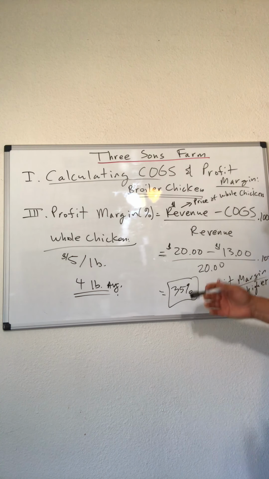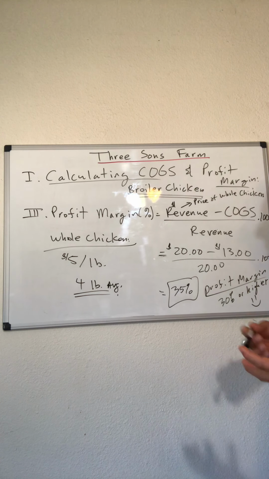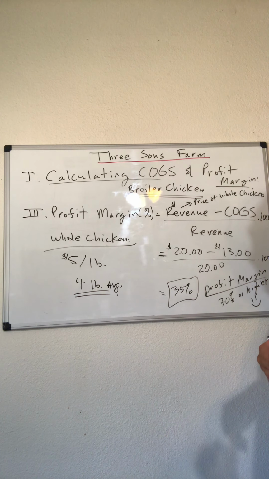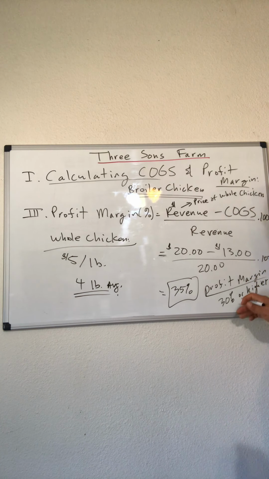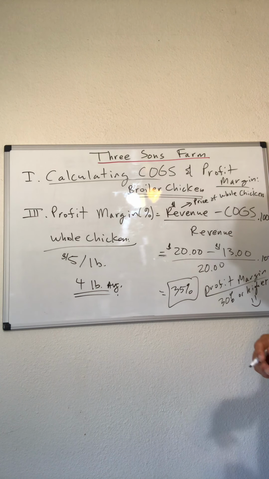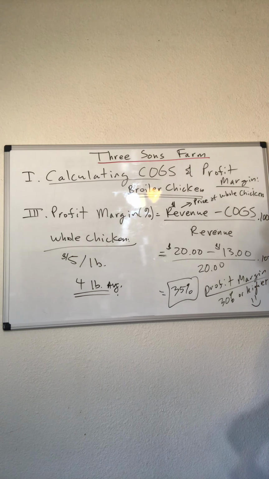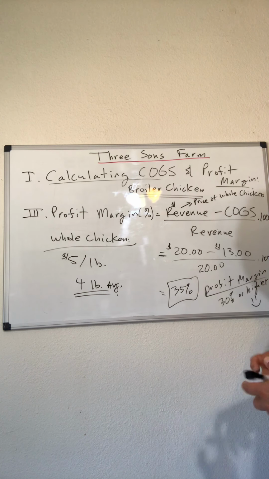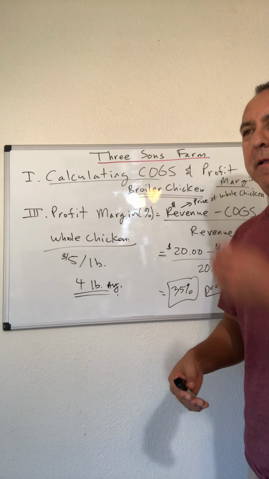That's possible, but just for calculation, for determining whether or not this product is making money and if I should continue with it, for me it's 30% or higher. If it's zero, close to zero, I would just drop it and do something else. And if it's negative, of course, now you're just losing money.